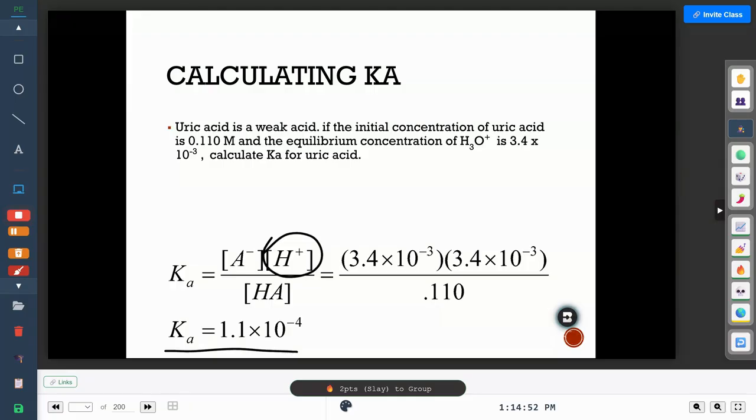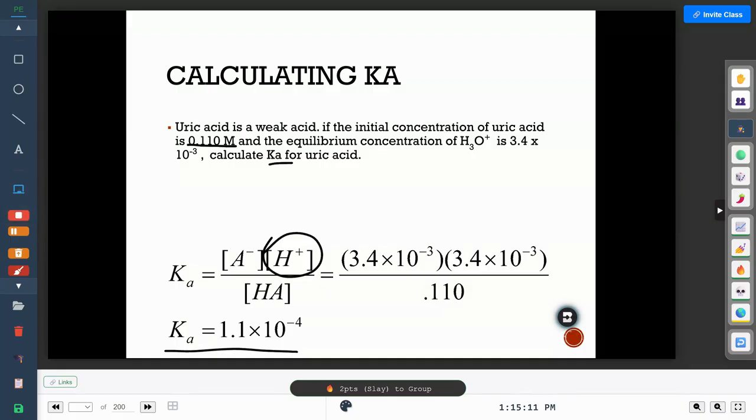Okay? So in this example, they give us the concentration of uric acid, which is a weak acid, and then they're telling us the equilibrium concentration as 3.4 times 10 to the negative third, and they want us to calculate Ka.